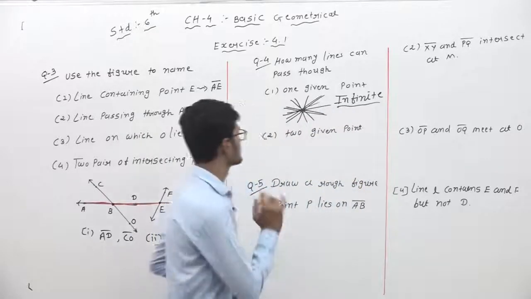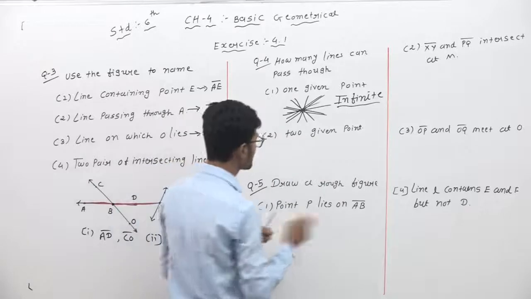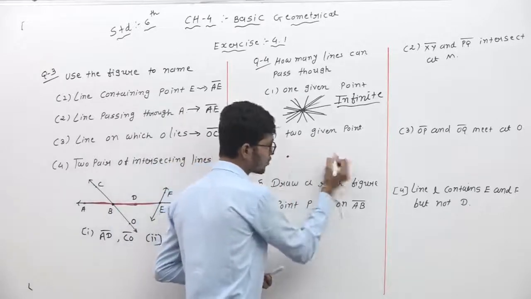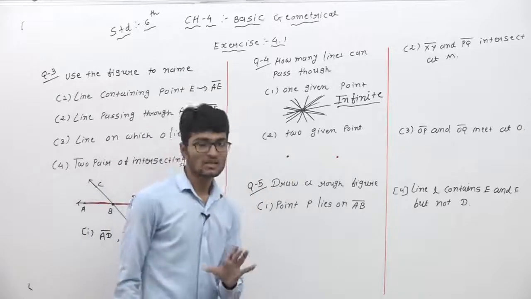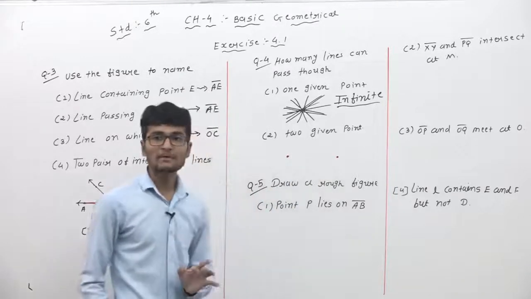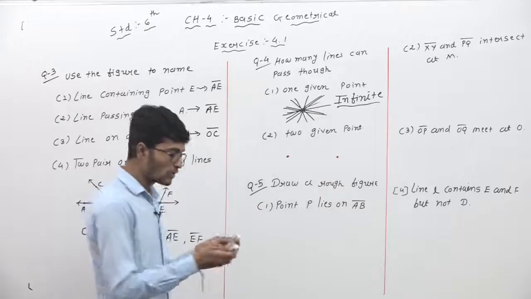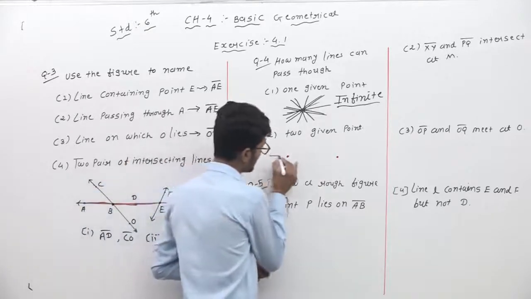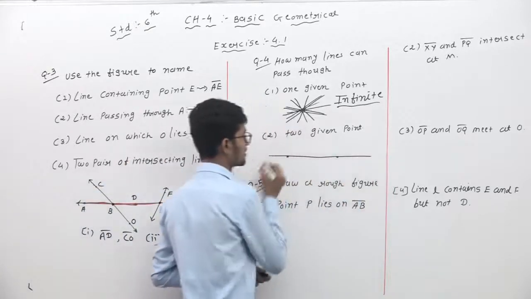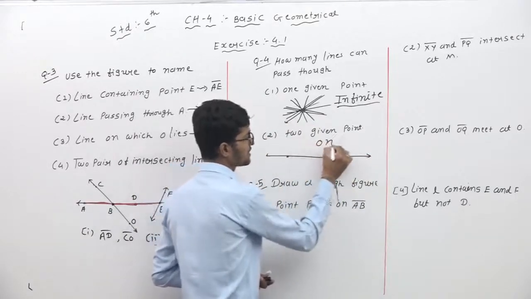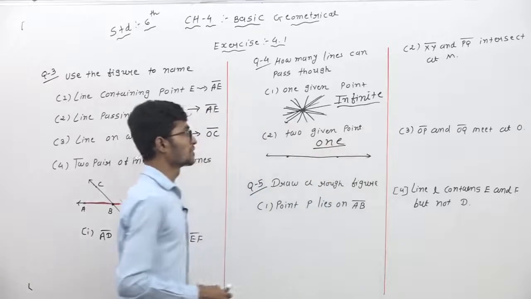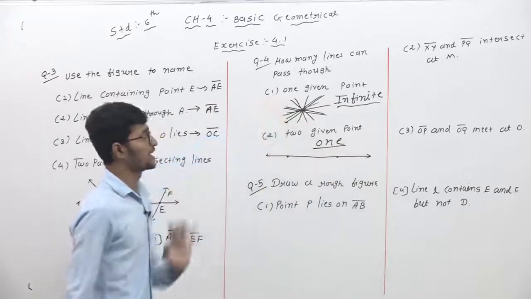Understand? Next, two given points. Suppose a question gives two points. How many lines pass through these two points? Only this one line passes through them. So only one line passes through these two points. In this question the answer is 1, and in the earlier question the answer is infinite.